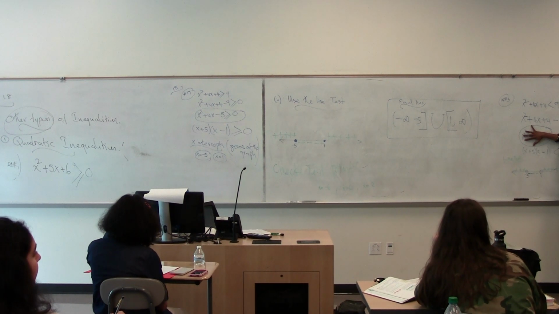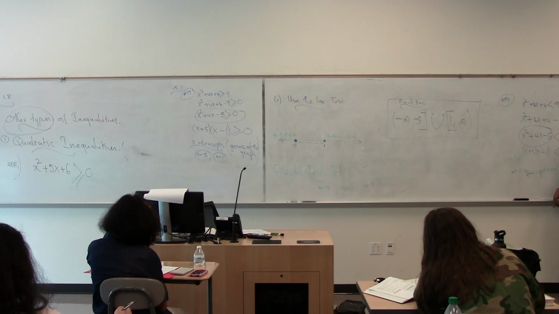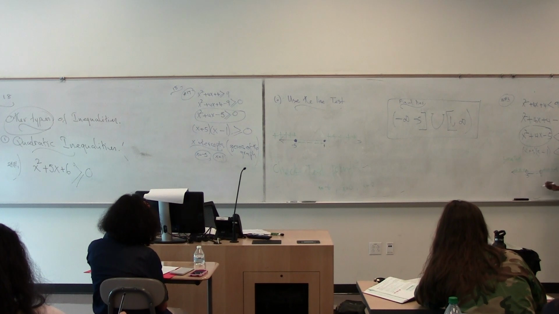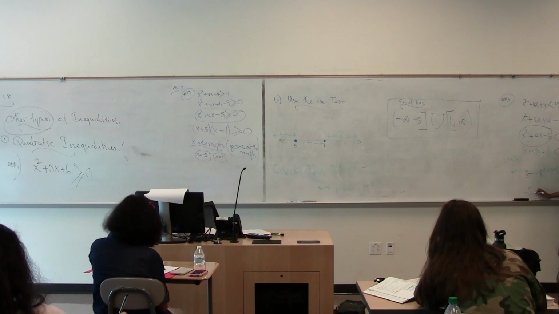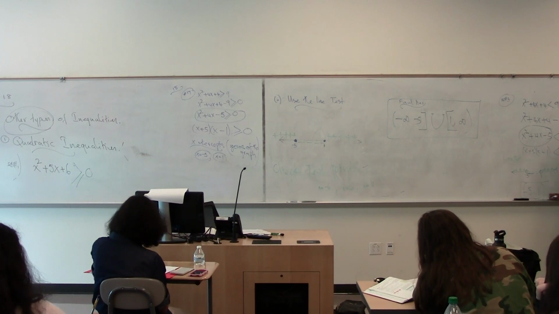We only consider where the graph is negative, but we are looking for x values where the graph is negative. So what are the x values where the graph is negative? Negative 5 through 1. Yes, negative 5 through 1, open, open. This is the final answer.